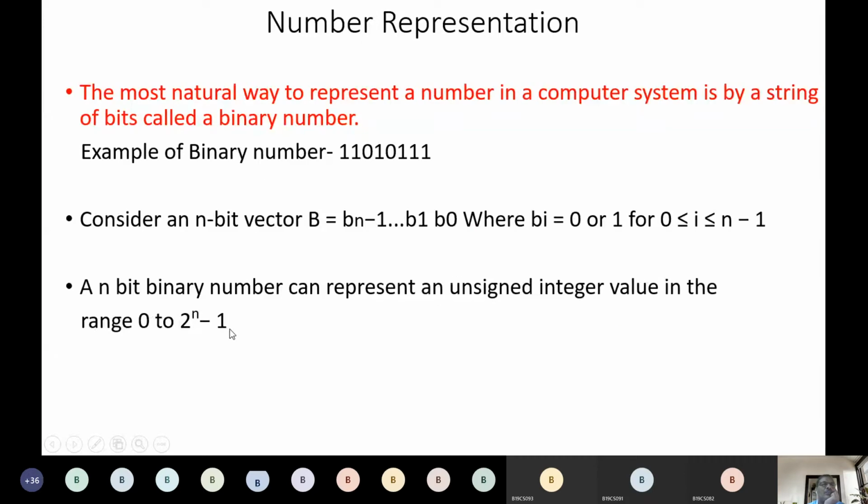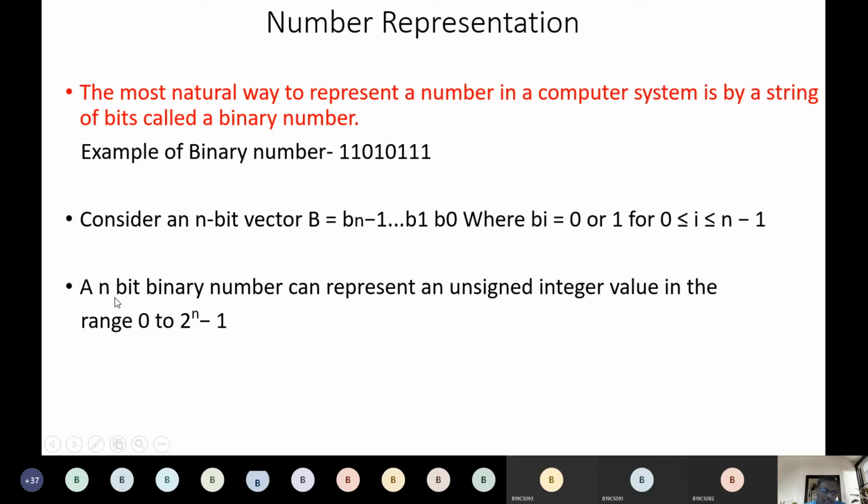For example, if n is 4, with a 4-bit binary number, how many decimal numbers can I represent? It's 0 to 2 to the power of 4 minus 1. 2 to the power of 4 is 16, 16 minus 1 is 15. So 0 to 15 decimal numbers I can represent with a 4-bit binary number.